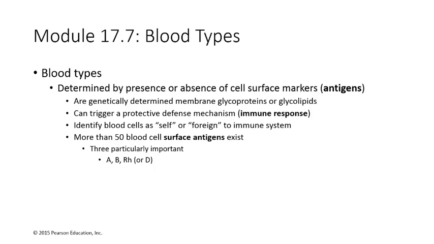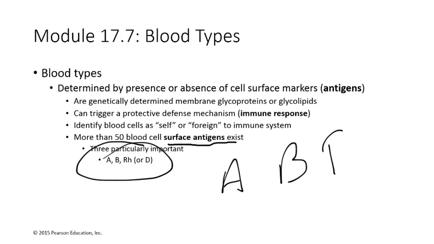Remember that blood typing, the most common blood typing, is based upon the ABO system. And there are lots and lots of antigens on the surface of your blood cells. But of particular importance are A, B, and the Rh factor.